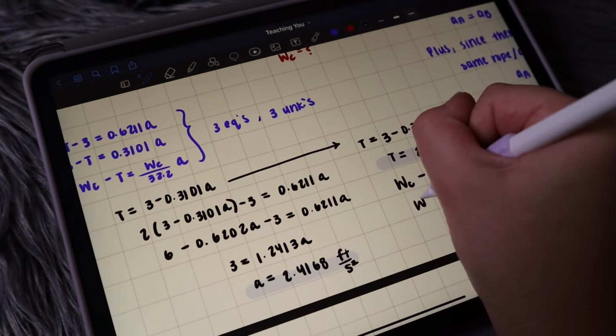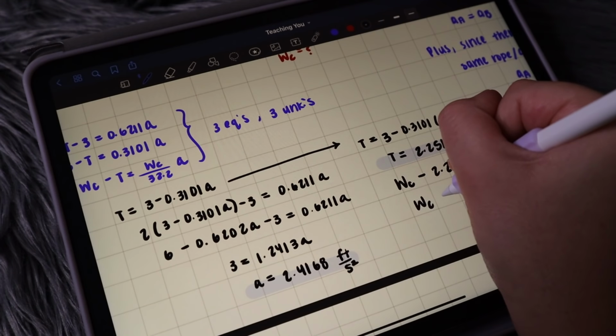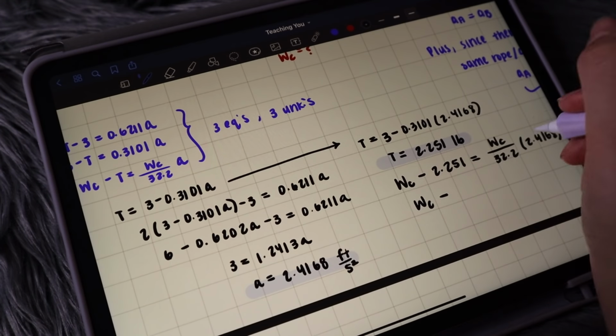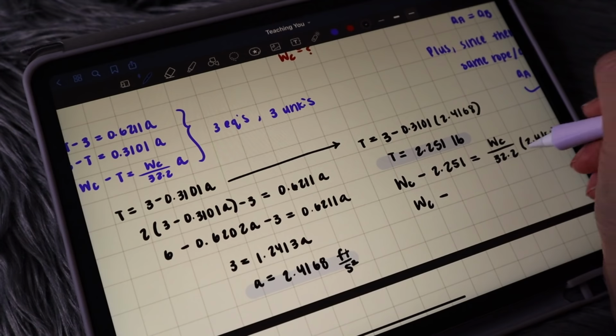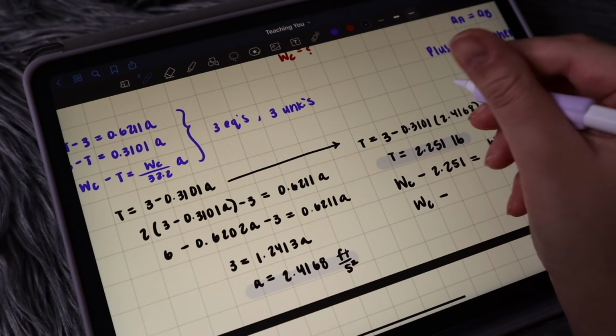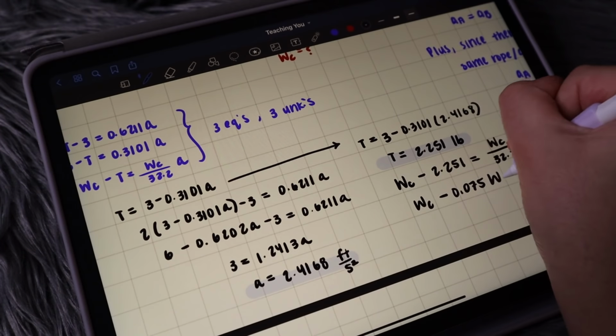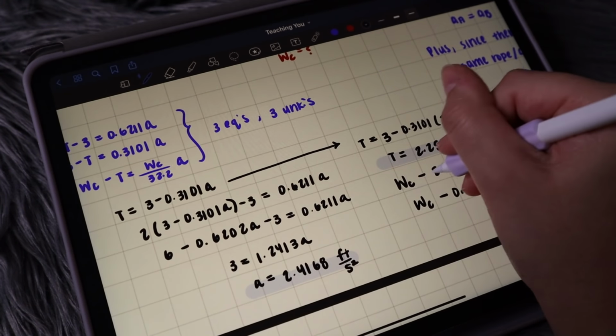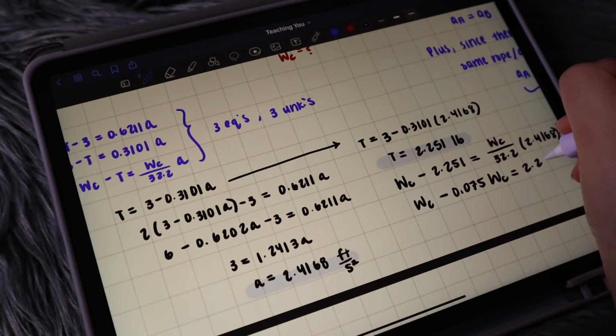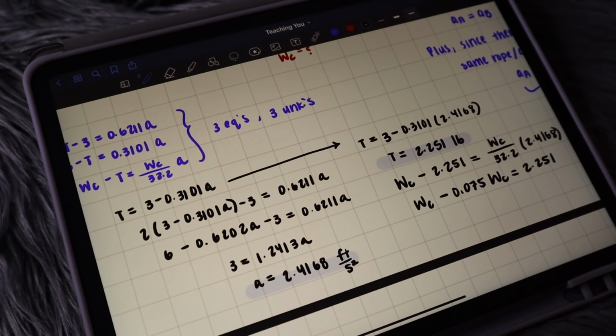So we have weight of C minus, if you divide this number by this one and then bring it to the other side, we have 0.075 weight C. And then we're going to add that to the other side, so we have 2.251.